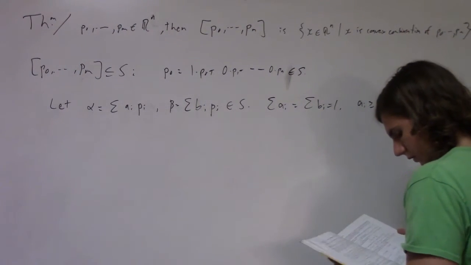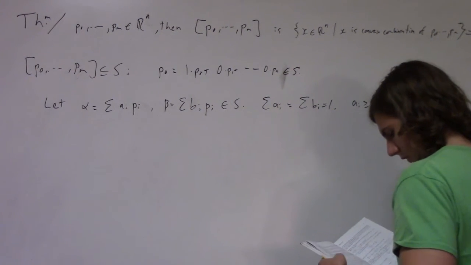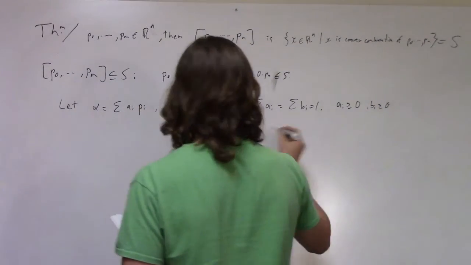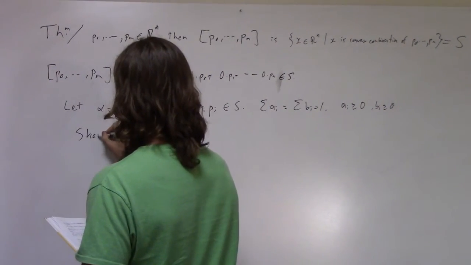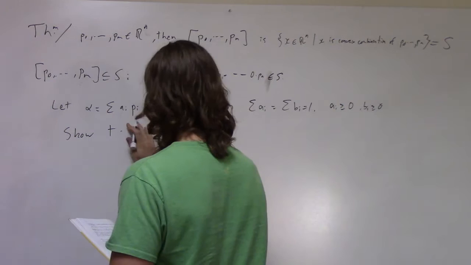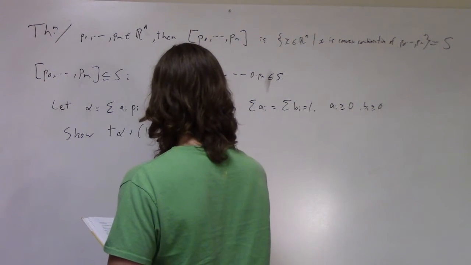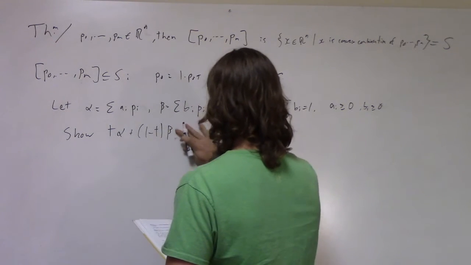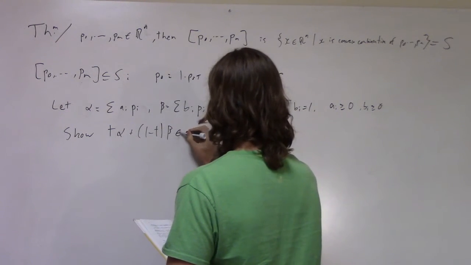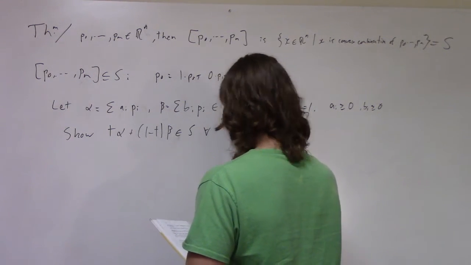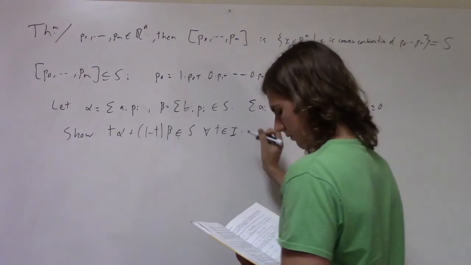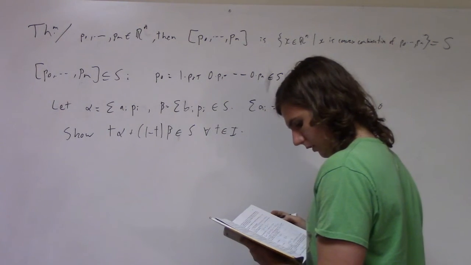Now we're trying to show that the line between these two points, t alpha plus (1 minus t) beta, is an element of S for all t in [0,1].